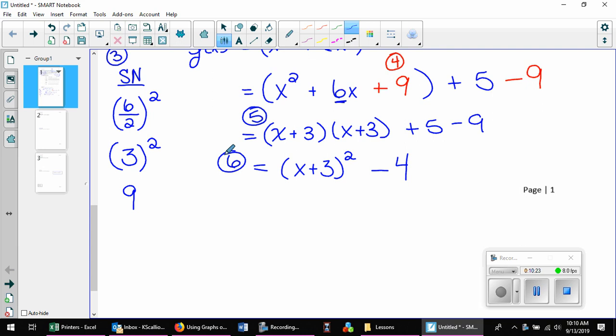Tips and tricks are always good, because sometimes we get bogged down with this, and I'm going to be honest with you. I very rarely convert to completing the square this way. I very rarely do this. I use my secret formula more. Because if it's in standard form and I use my secret formula, I can still find the vertex, right?